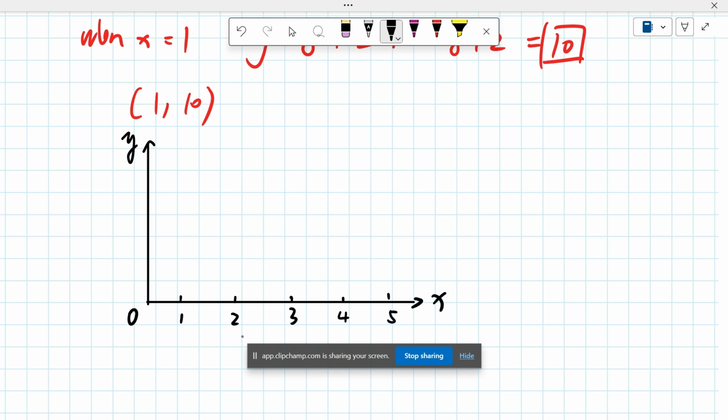We mark the 2 points with the coordinates, and we mark this one as 8 and that one as 10.